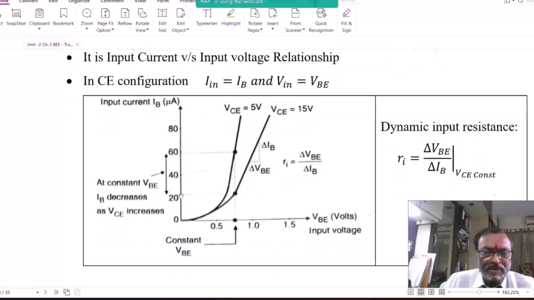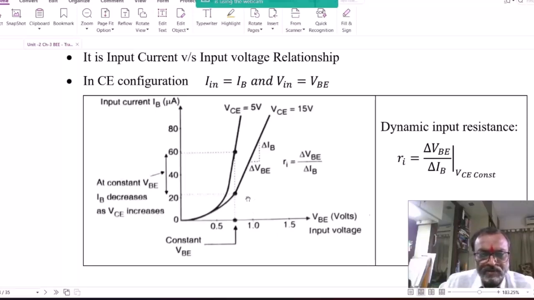From the characteristic, we can see the slope in the active region. Below 0.5 volt, the device is in cutoff, and above 0.5 volt, the base to emitter junction is moving into forward bias, that is the forward active region. Whereas at voltage more than 0.8 volt, it is fully in saturation state.